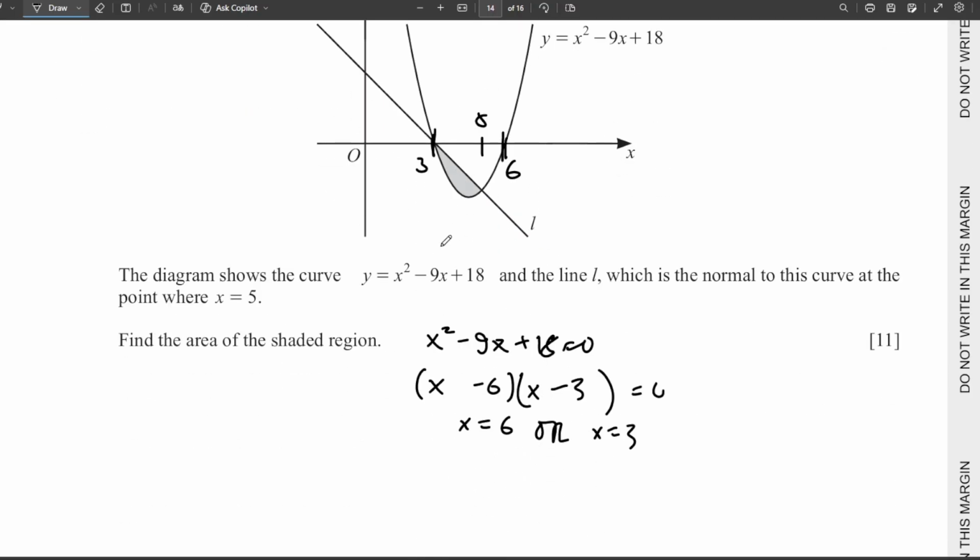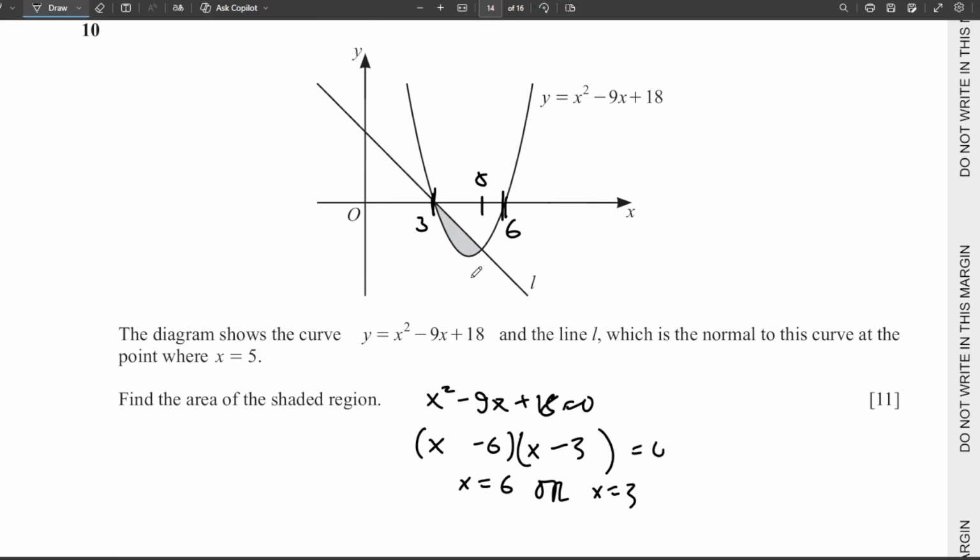So there are a few ways you can find the equation of L. If you prefer, you can differentiate y, and then substitute x into dy/dx to find the perpendicular gradient, that's fine also. But what I'll do is, since we already know that this point here is 5, we just substitute 5 into y.